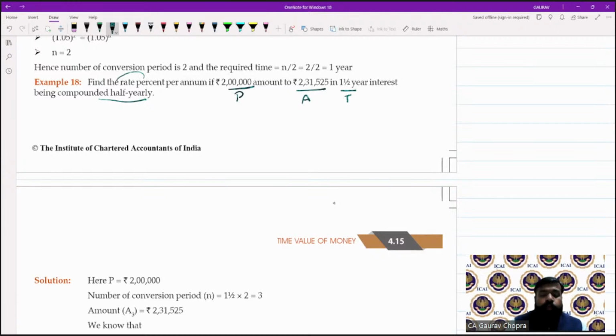So rate you have to calculate. Time we have to convert because compounding is half yearly, so multiply with 2. So n will become 3.